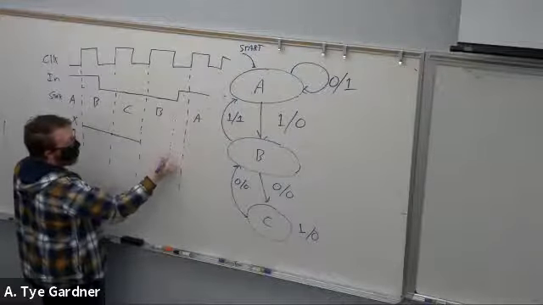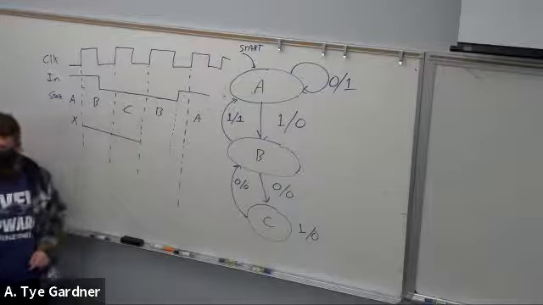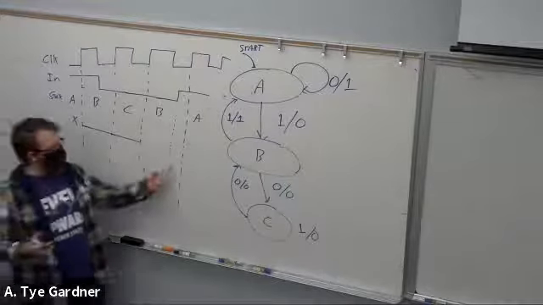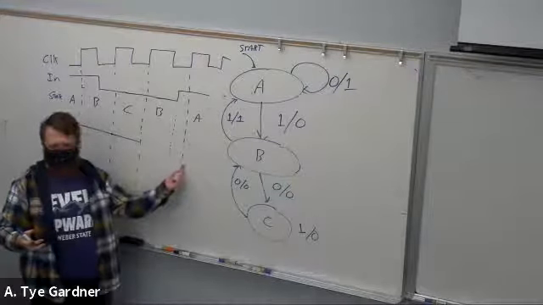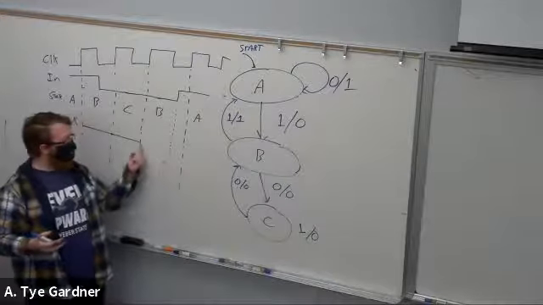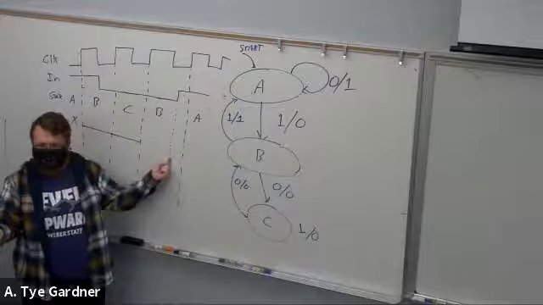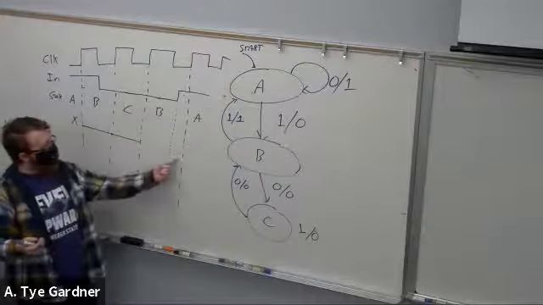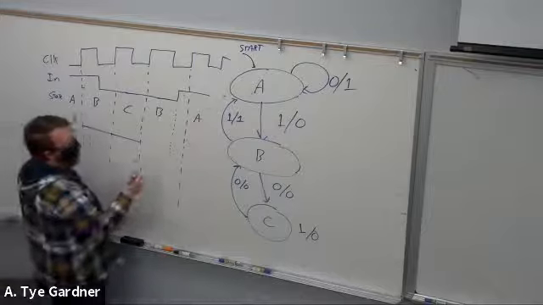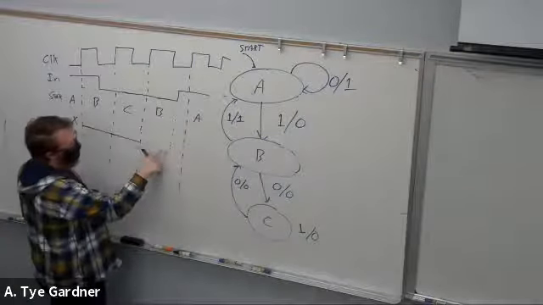So there's a couple different ways that we could design this logic. One of them is we don't update the output until the rising edge of the clock. And one of them is we update as soon as the input changes. We can do it either way. Either way is fine. I'm going to stick to update at the rising. Well, no, I'm going to start here because this makes a lot of sense.